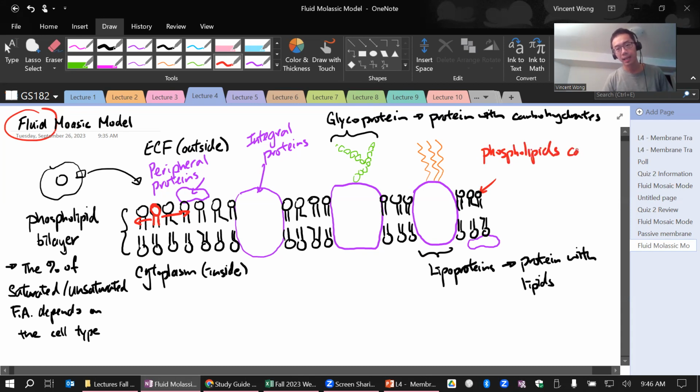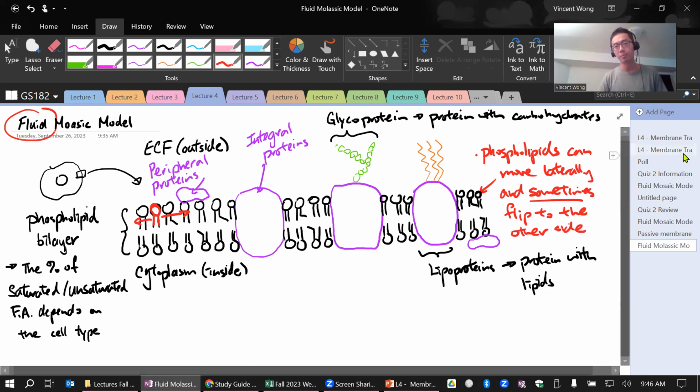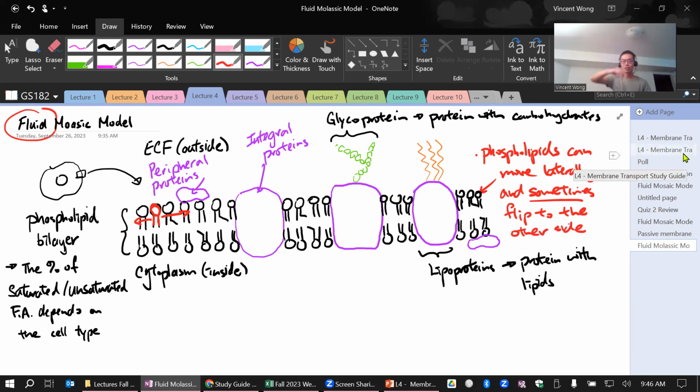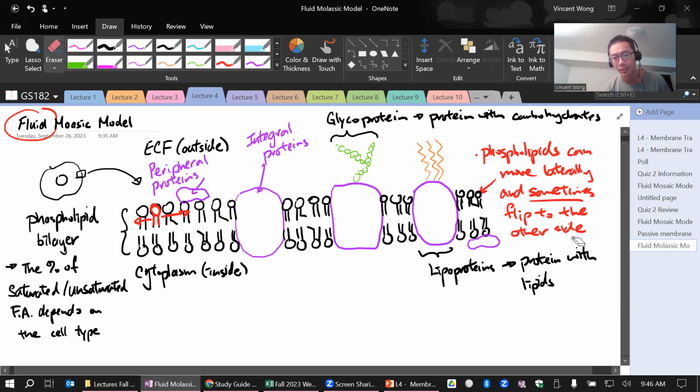Phospholipids can move laterally. And sometimes, only sometimes, flip to the other leaf. To the other side, we can say. Remember, there are two leaves, two layers. To the other layer, we'll say the other layer. Any question?